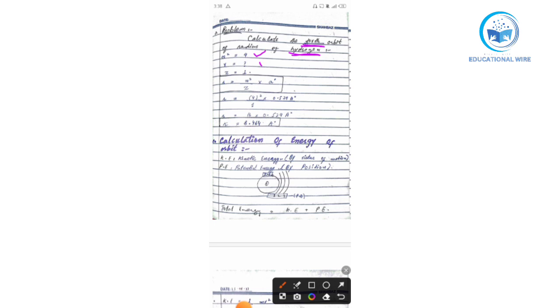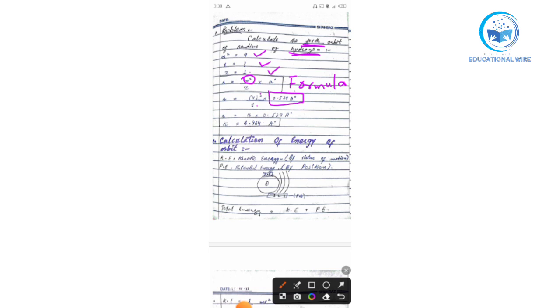We have to find the radius, and we know that hydrogen has 1 proton, so we use this formula. We put the value of n square. The n value is 4, so here is 4 square, z is equal to 1, and I told you that the a naught value is 0.529 angstrom.